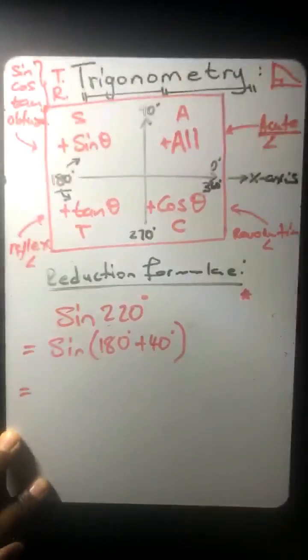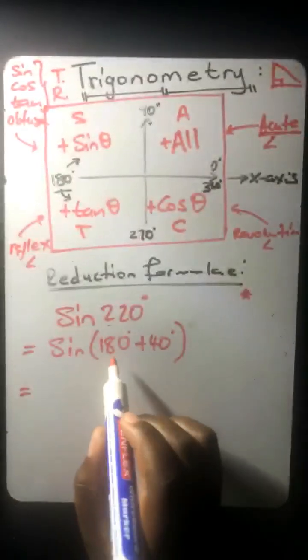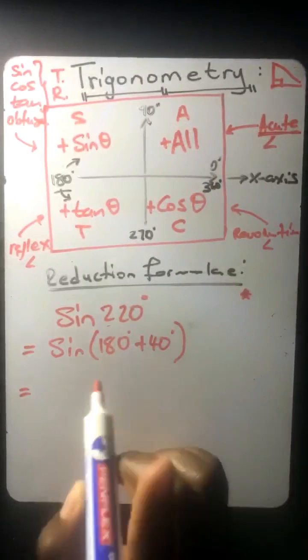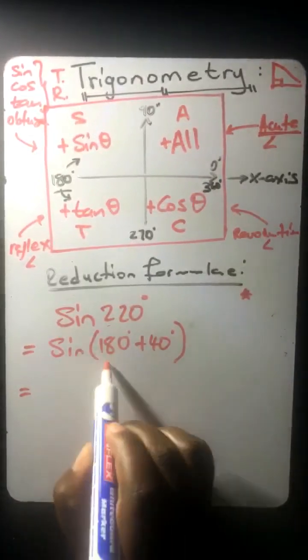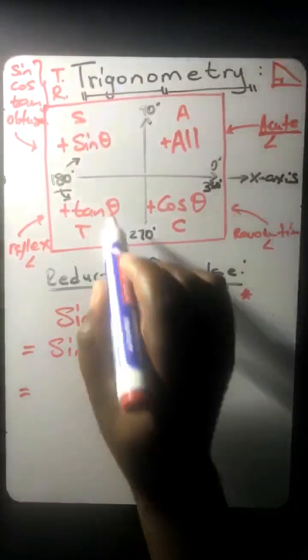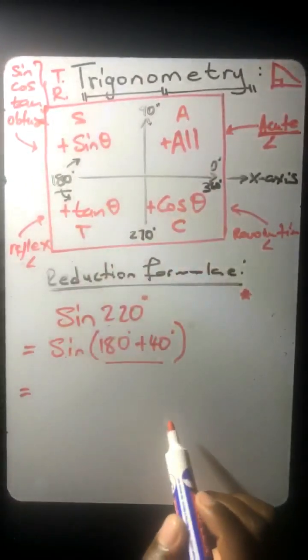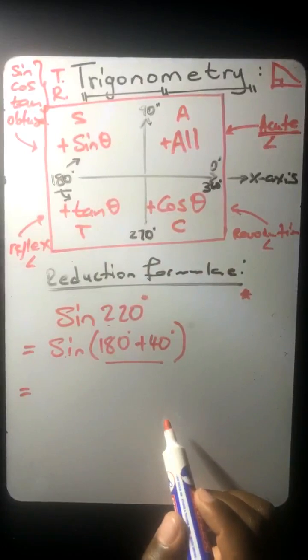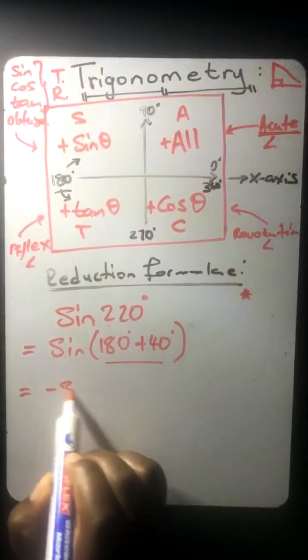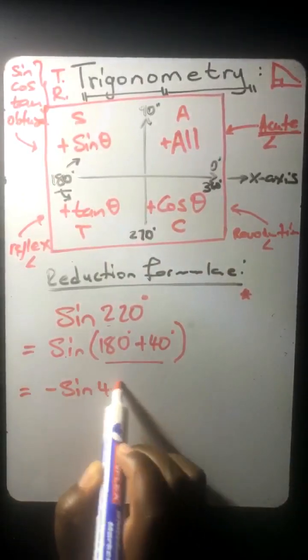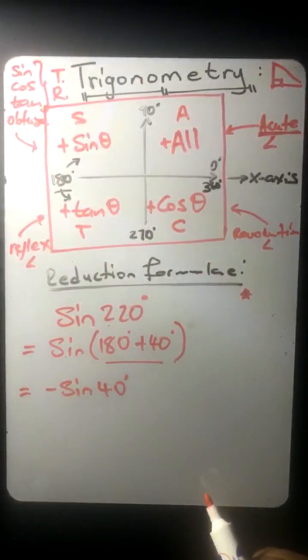It's always an angle smaller than 90. You do that same thing of saying in which quadrant. Obviously we know it falls in that quadrant. In this quadrant, is sine positive or negative? It's negative. So this is the same as negative sine 40 degrees.